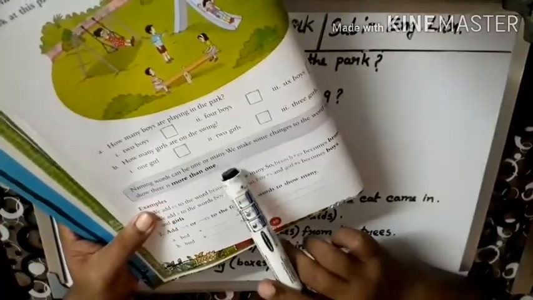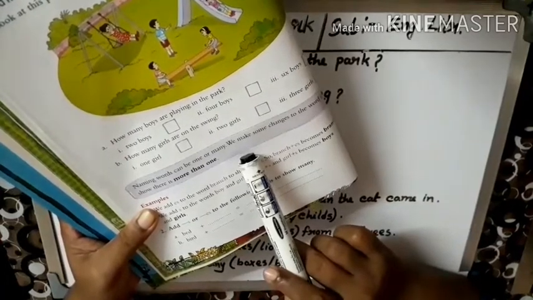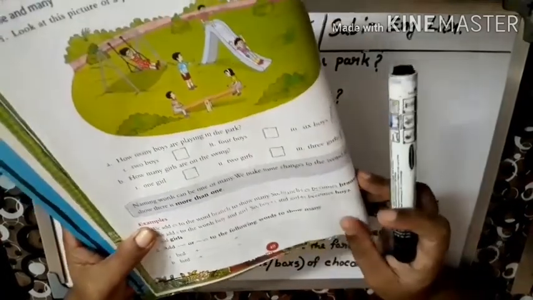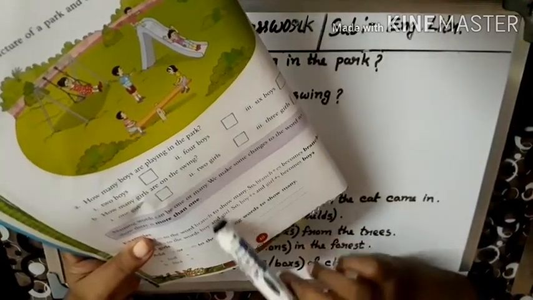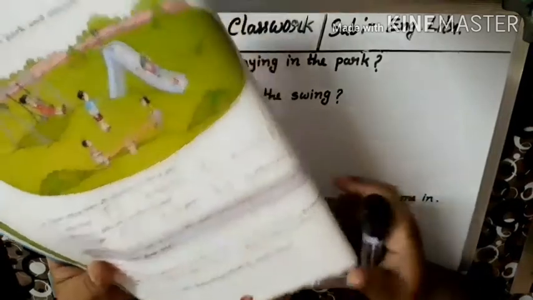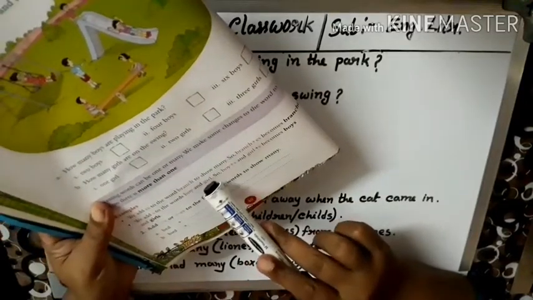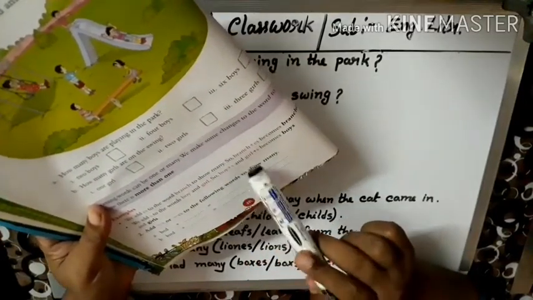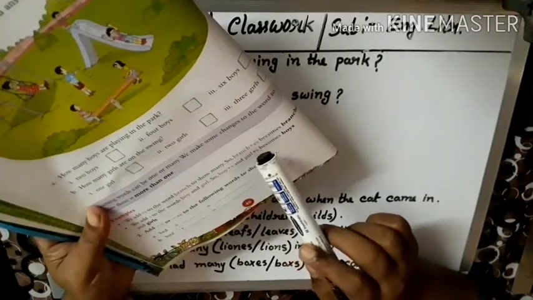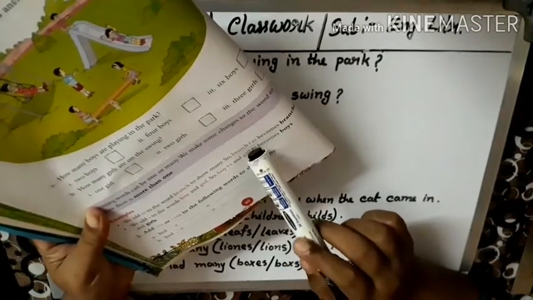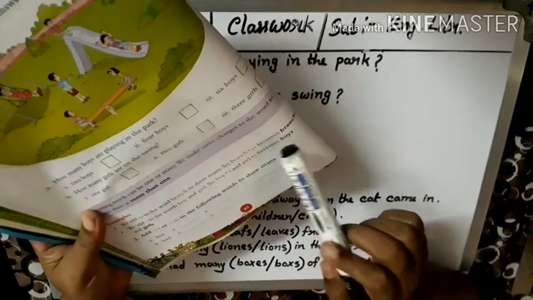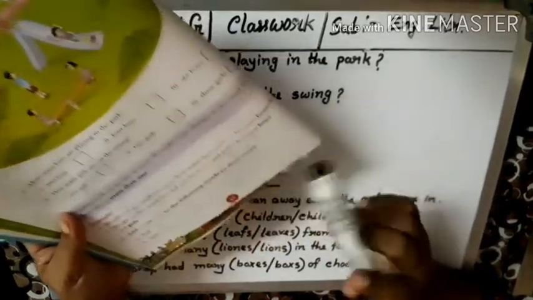Naming words can be one and many. We make some changes to the word to show there is more than one. Okay? Examples: we add es to the word branch to show many. So, branch add es becomes branches.